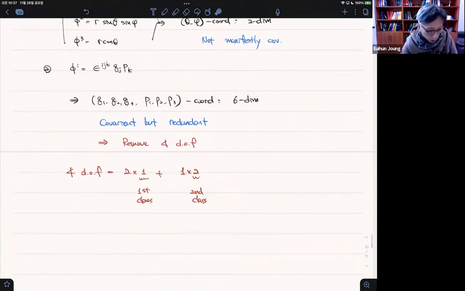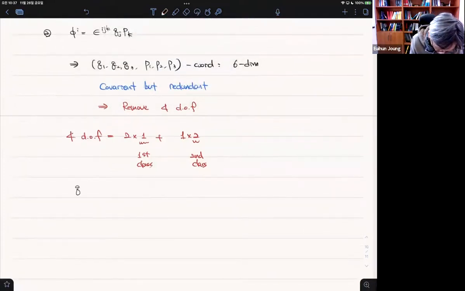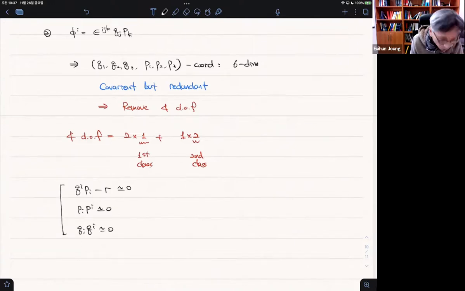And then what are the constraints? They are actually the following conditions: Q I, P I contraction minus R should be 0, and then P I should be 0, and then Q I should be 0. So these are 3 constraints.